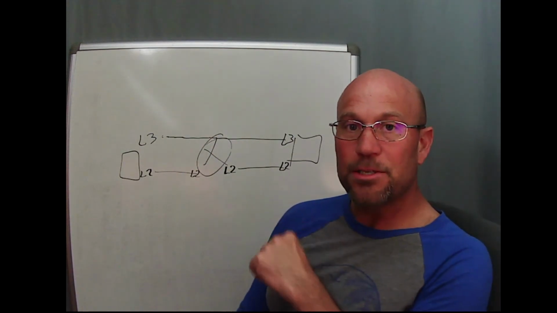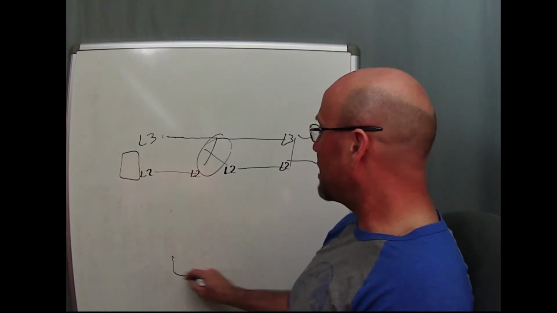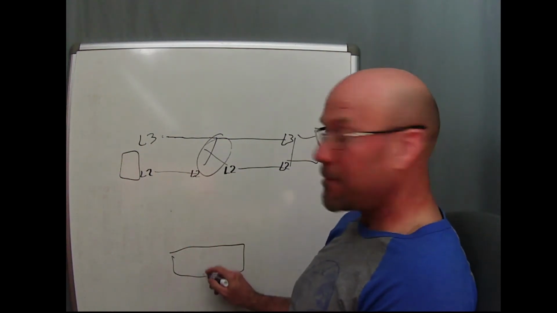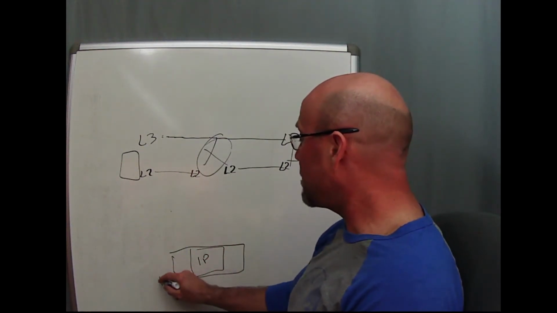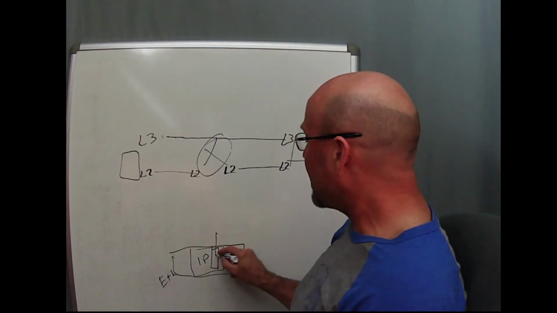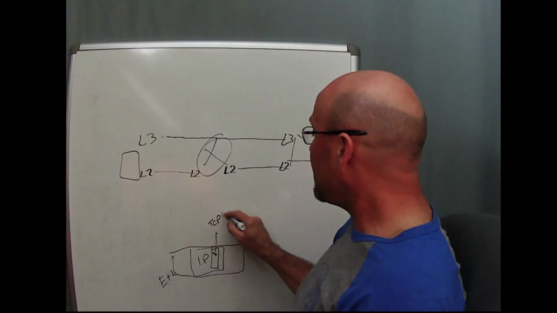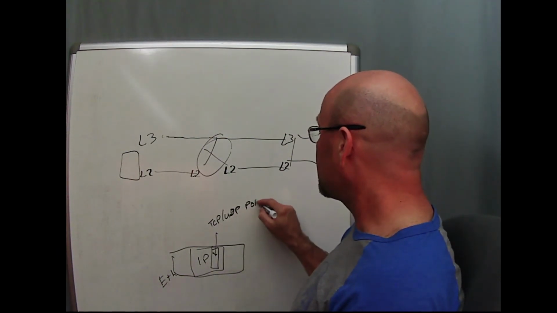Now, something I didn't mention previously, but within the IP, let's just look at it like this. You have the Ethernet frame, and in the data field is the IP packet of the Ethernet frame. In the data field of the IP packet is a TCP or UDP port number.